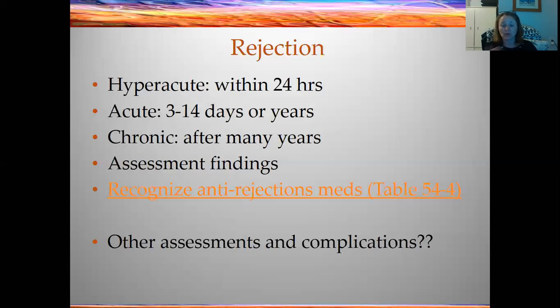Then you're also going to have your post-operative risks that are the same as all post-operative patients. So you're going to have risk of infection at the surgical site, and risk of blood clots, pneumonia, all those things that you see with all surgical patients.